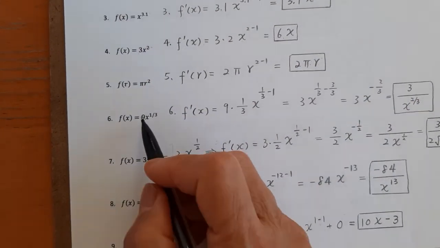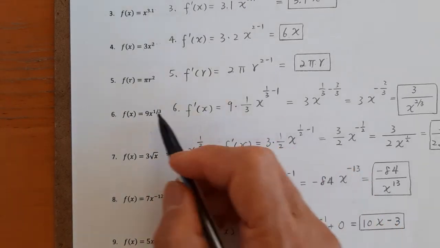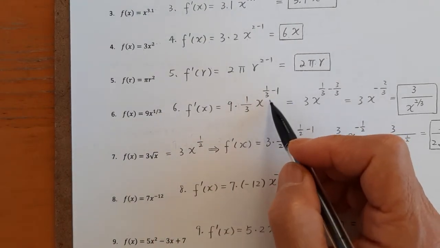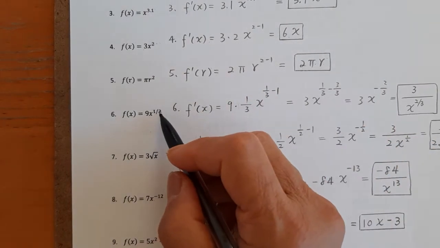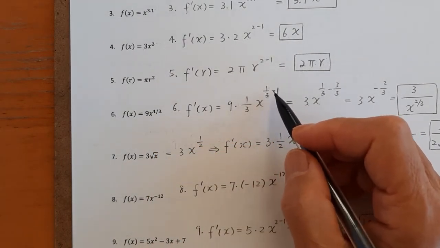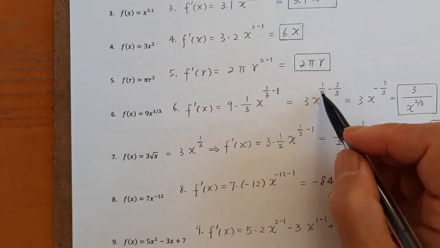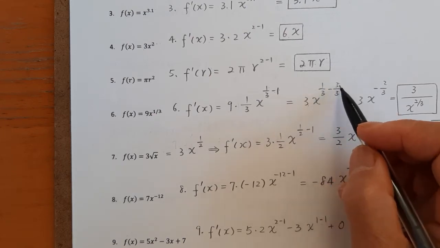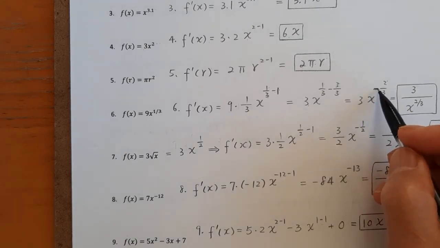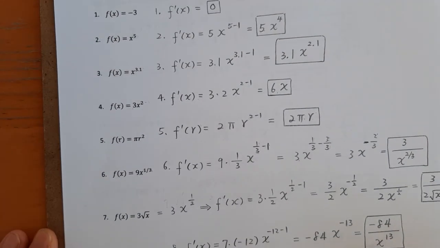And this also has a scalar. When this function takes the derivative, 9 is still there, and 1/3 comes down, then 1/3 minus 1 is the exponent. So 1/3 times 9 gets 3. And 1/3 minus 1: since 1 is 3 over 3, with the same denominator 3, the numerator 1 minus 3 gets -2 over 3. For the negative exponent, use the negative exponent rule and bring it down to the denominator.